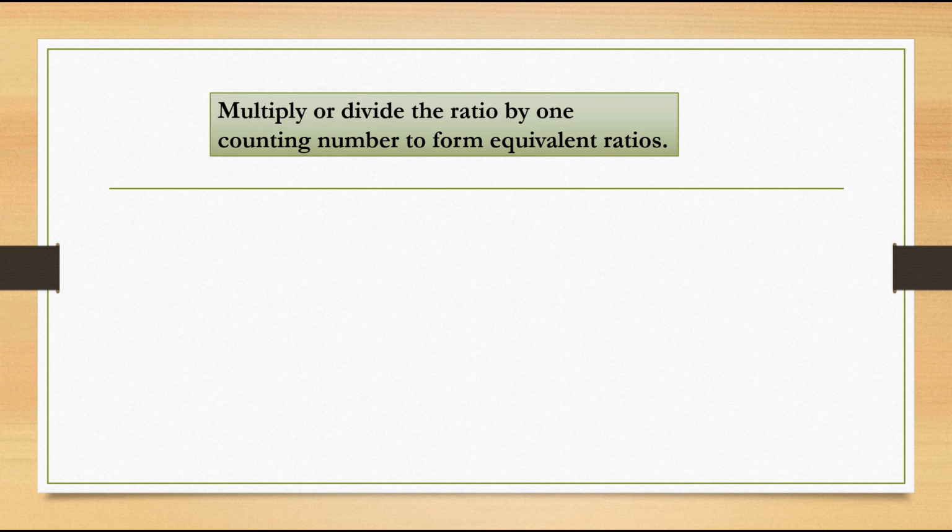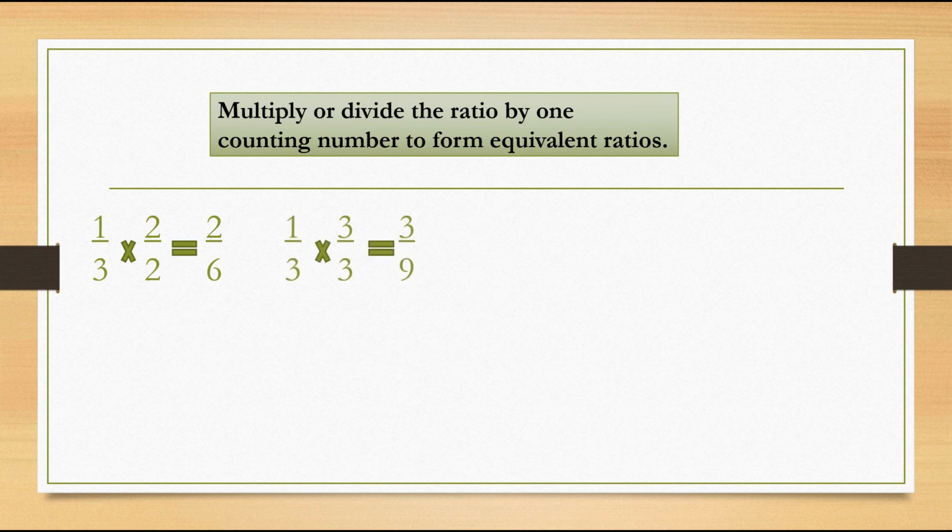So, paano naman natin makukuha yung equivalent ratio ng isang given ratios? Okay. So, example, we have, yung ating given kanina, 1:3. So, we multiply it by a counting number. So, ang ginamit natin dito ay 2. So, 1 times 2 equals 2, 3 times 2 equals 6. Or pwede rin naman natin siya i-multiply by 3.